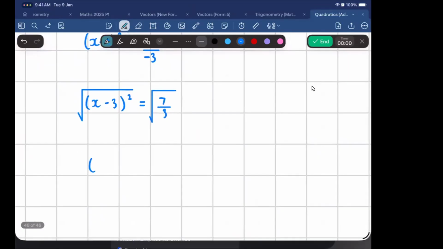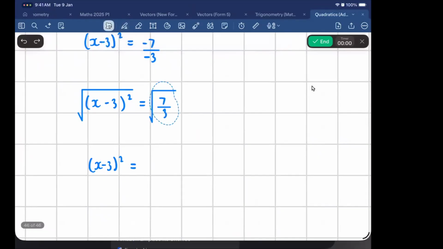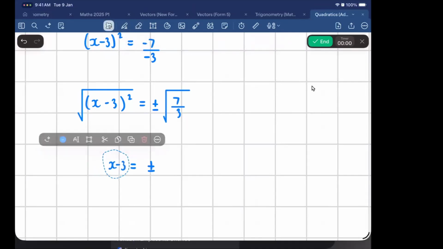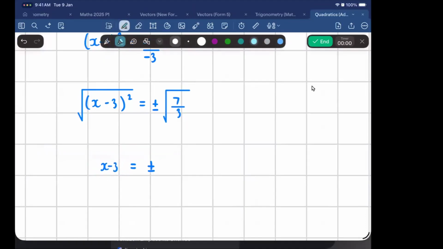So you're going to end up with x minus 3 squared equal to, remember, when you find the square root, you always get a positive and a negative solution. So put the plus or minus sign. Since we found the square root, we get rid of the square. So it's just x minus 3 is equal to plus or minus the square root of 7 over 3.